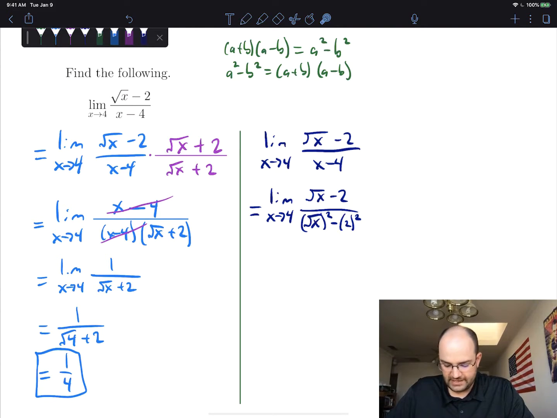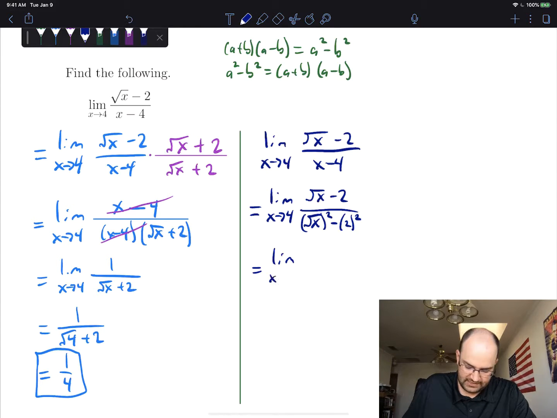Now, the reason I know to write it down like this is because if you notice, going from x to square root of x, you just take the square root. Going from 4 to 2, we take the square root. So taking the square root of each one of these works. It doesn't matter if this is minus or plus, but as long as this is minus, this works. So now this will factor.